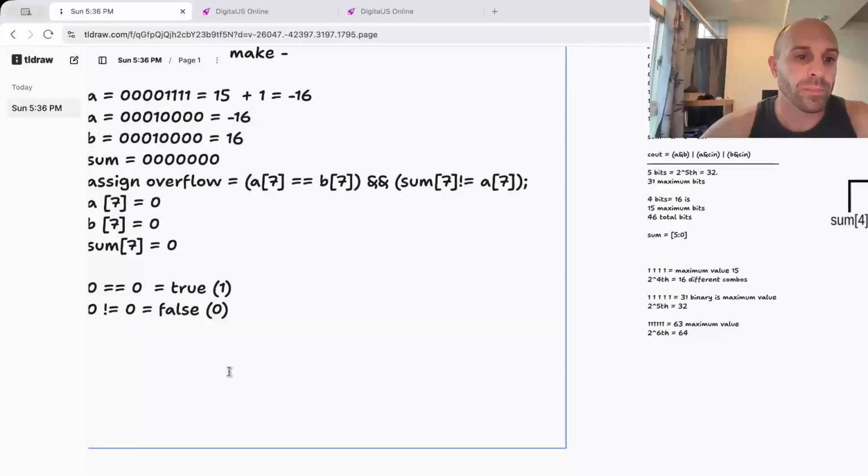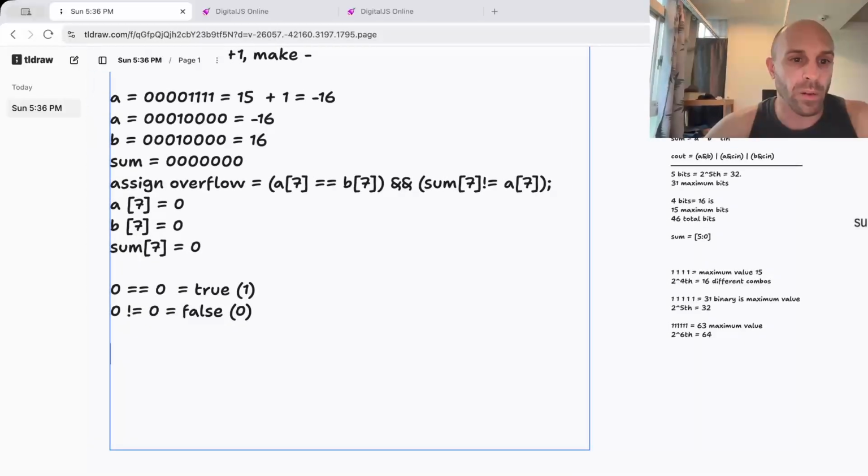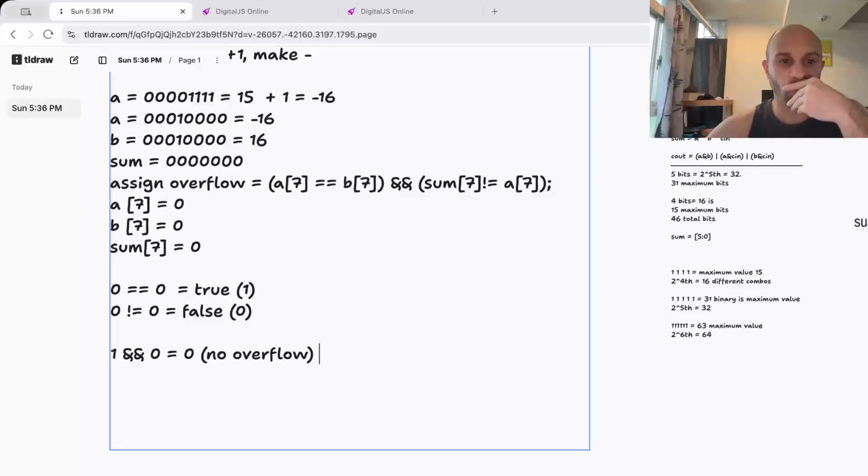So 1 and 0 is 0, no overflow. That's it. There's no overflow. If there was overflow, this would be 1. That would be overflow.